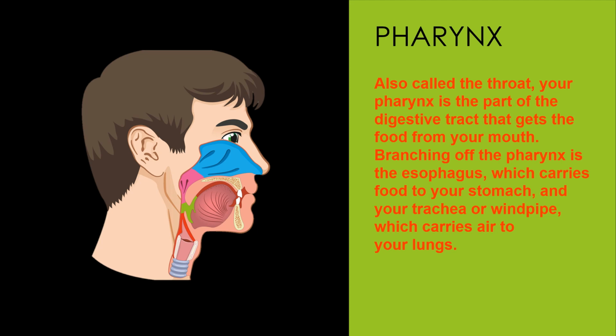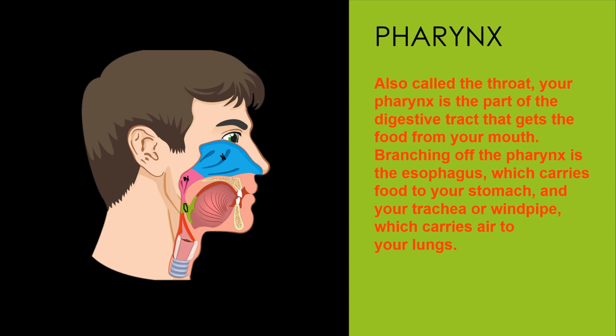Let me locate the pharynx and show you. This blue color one is the nasal cavity. This pink color one is the nasopharynx. This green color part is the oropharynx.